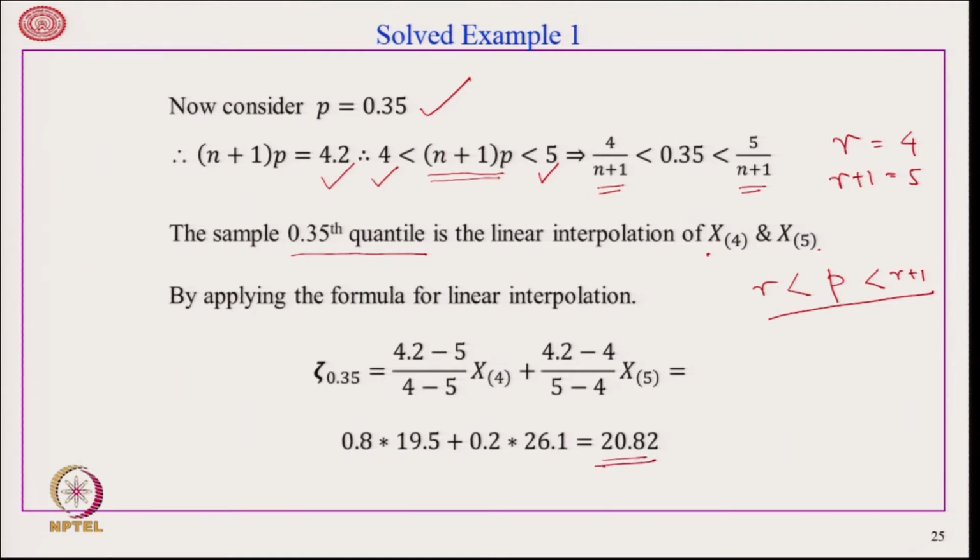It means that 35% of the observations are going to be less than or equal to 20.82. Therefore, without knowing anything about the scale, whether it is from 0 to 100 or say from 5 to 75, we get a feel of what the 35th quantile is going to be.